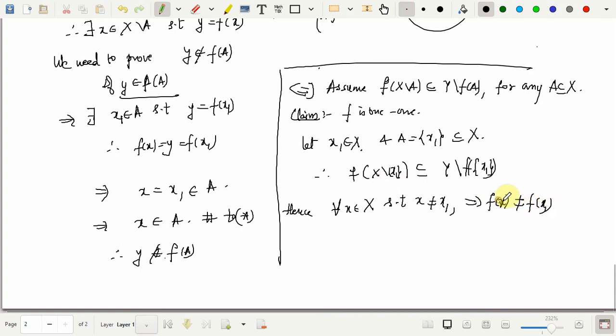In general, we have proved this by fixing one element and varying every other element in X which is not the same as x1. So by definition f is 1-1.